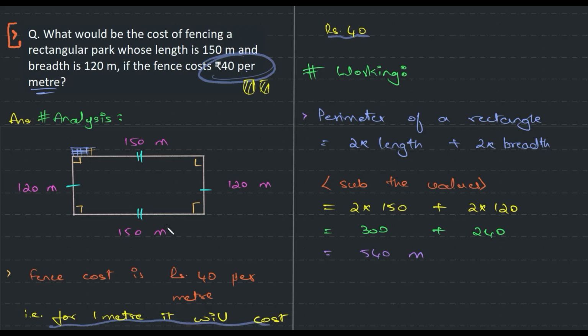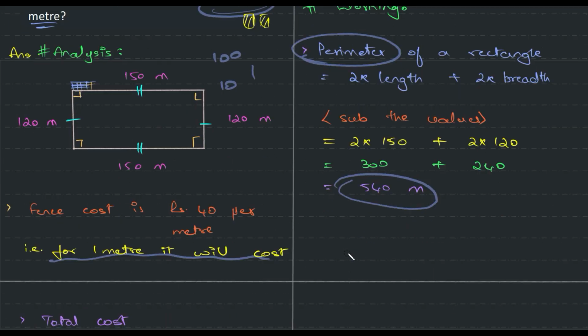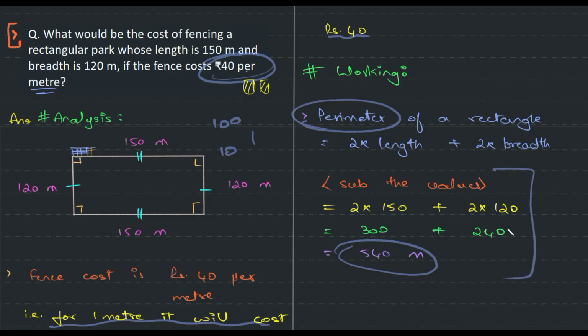Then, obviously, for finding how much something will cost, we need to know how much we are buying. It's not that if you buy 10 items, it will cost the same as 100 items. So we need to figure out how much of the item we are buying. For that, we need to figure out the perimeter. Simple set of calculation. Again, guys, if you are confused about which kind of calculation to go with, there are many ways of calculating. So whatever is convenient to you, please go with that.